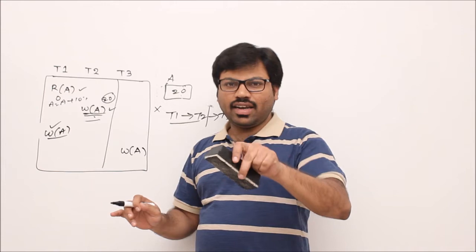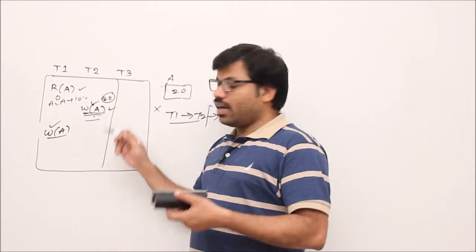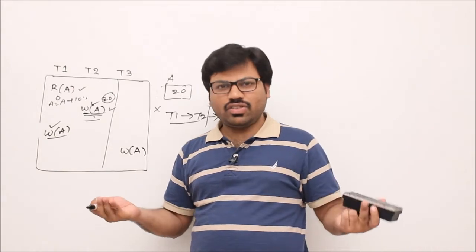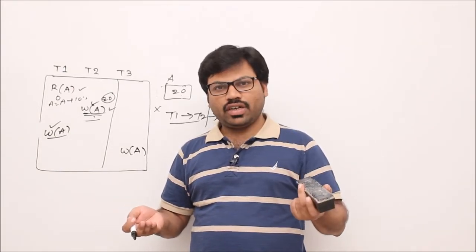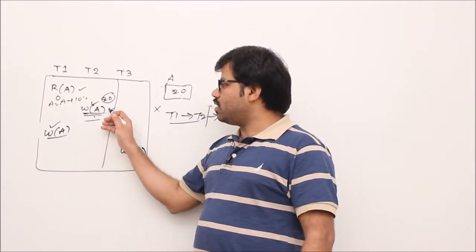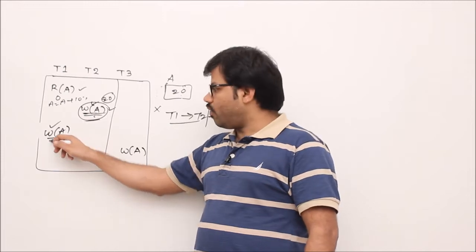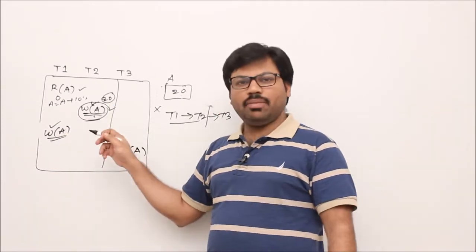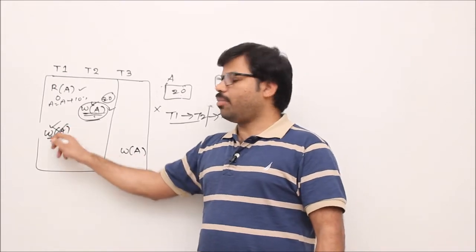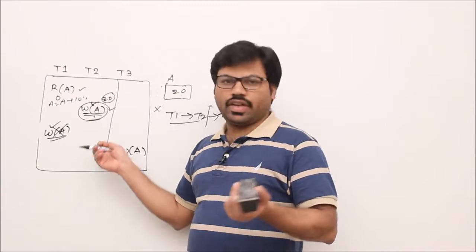If there is any younger writer who writes it, we don't care, because if a younger transaction writes, he has to write it and he is going to modify our data, correct? Then why bother about it? So when this younger transaction has to write after T1 but did it early, since he became the early bird, we skip our operation. That is what we are going to do in this Thomas Write Rule.